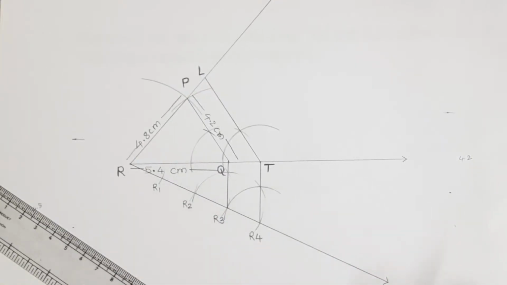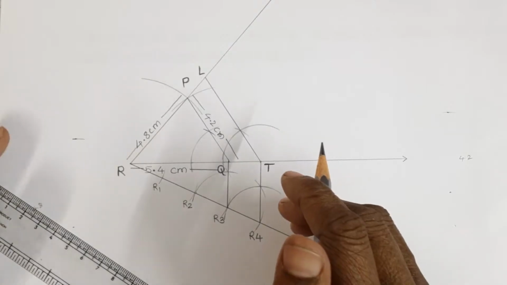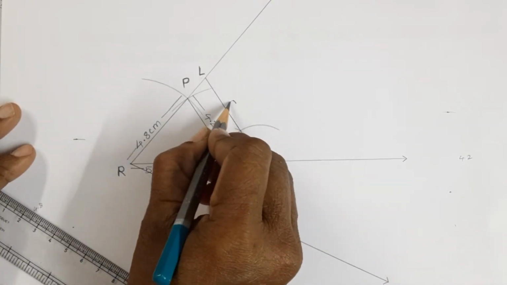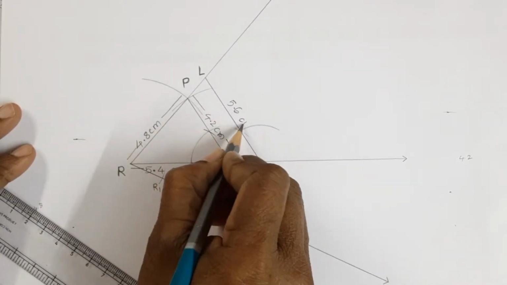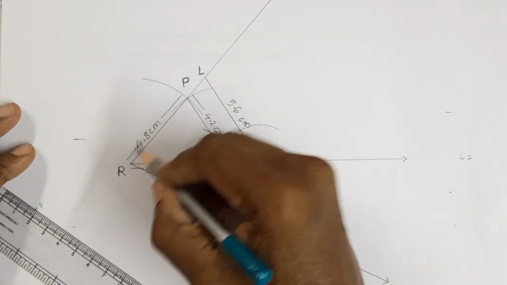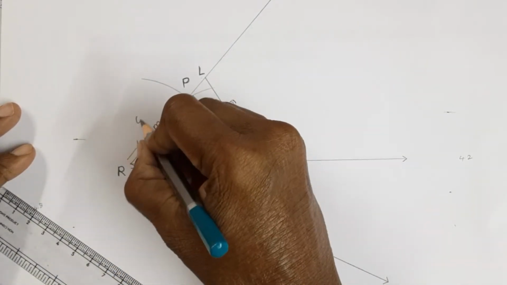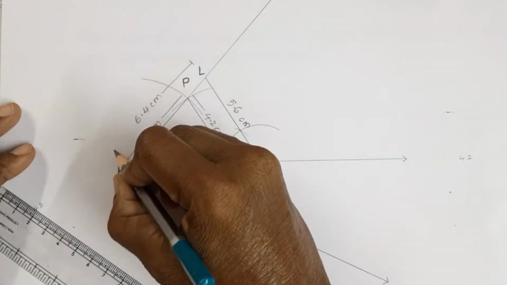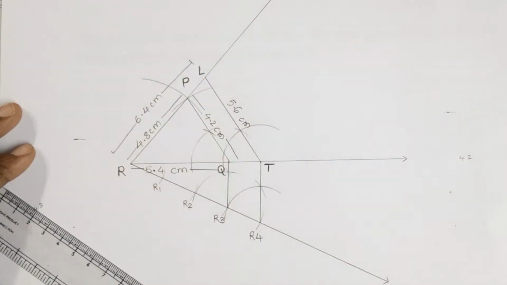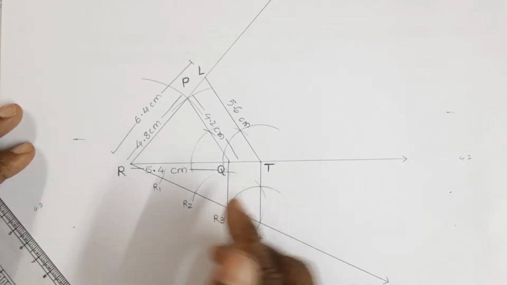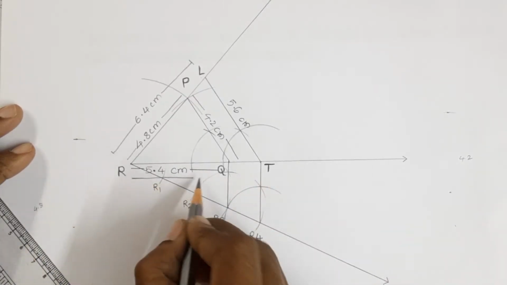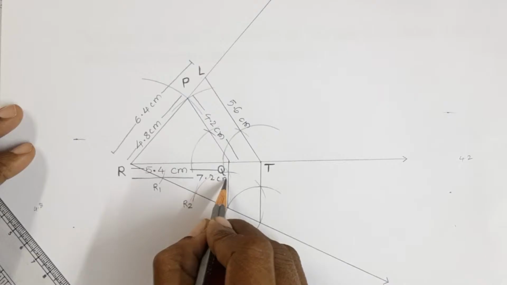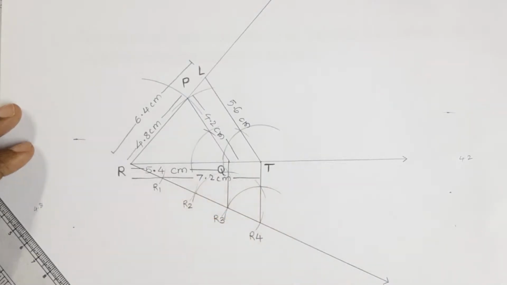As well as you can write down the distance LT. Here LT is the 5.6 centimeter. And then LR is the 6.4 centimeter here, students. And here, students, RT, that is the TR, and that is of 7.2. So now the figure is complete.